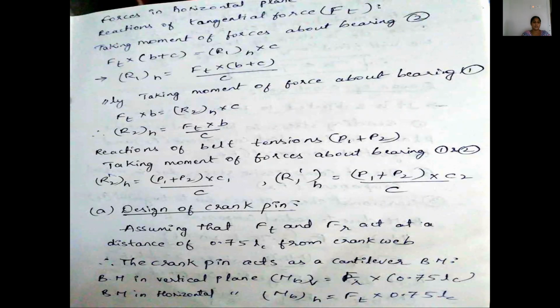After that, you should find out the design of crank pin. Assume that Ft and Fr act at a distance of 0.5 Lc from the crank web. The crank pin acts as a cantilever. The bending moment in the vertical plane MBV is equal to Fr into 0.75 into Lc.